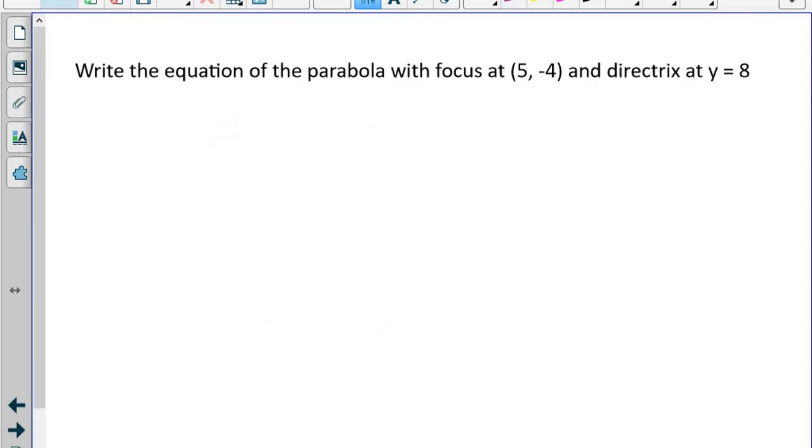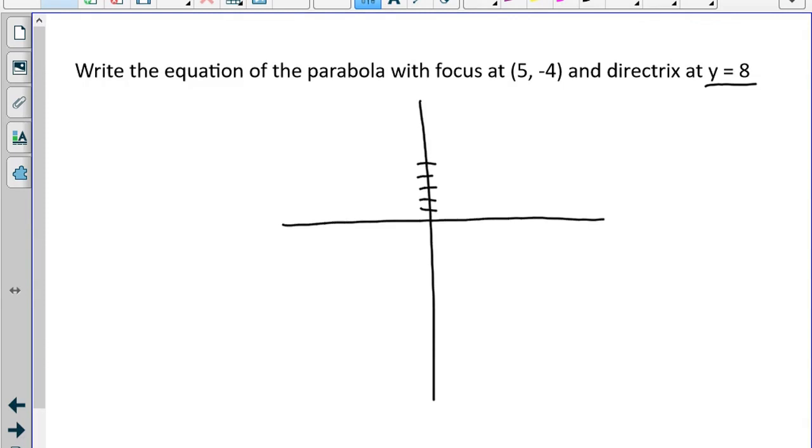All right, write the equation of the parabola with focus at (5, -4) and directrix at y equals 8. So notice that the directrix is y equals 8 here. Because the directrix is y equals 8, that means that I'm going to have a parabola that opens up or down.